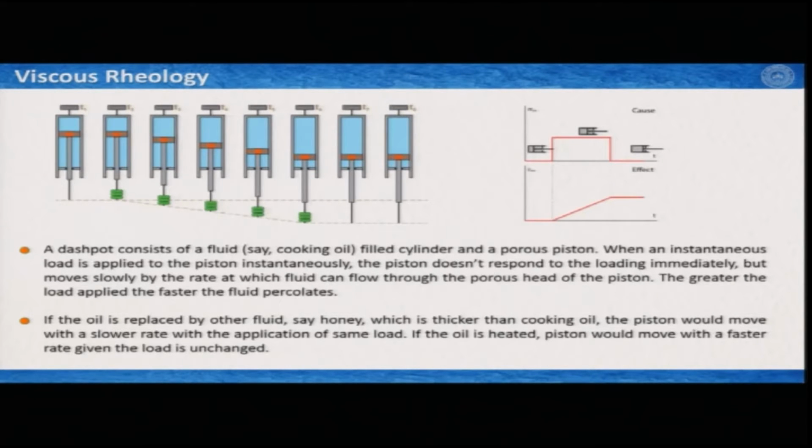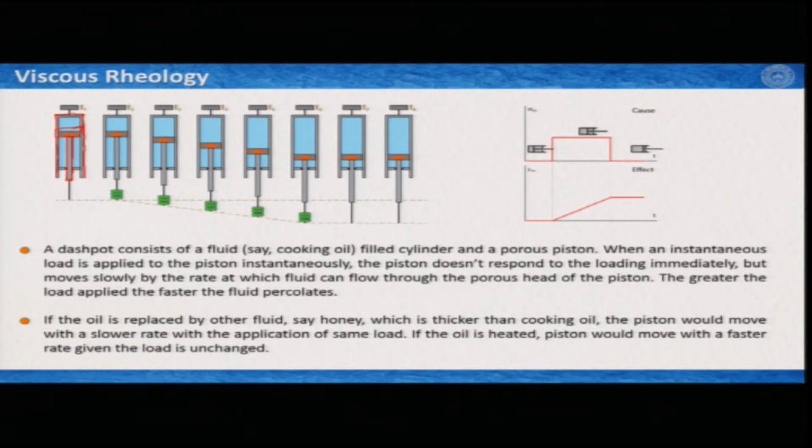In the first diagram, we see a barrel or a cylinder filled with a fluid, and inside it you have a piston. We are looking at a cross section. This is the cylinder, and then we have a piston. The piston is like a T-shaped material, and the top part of the T is porous.